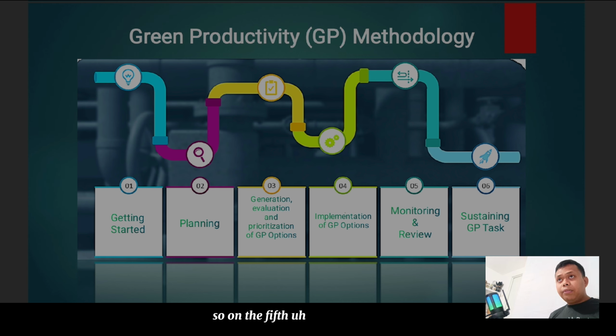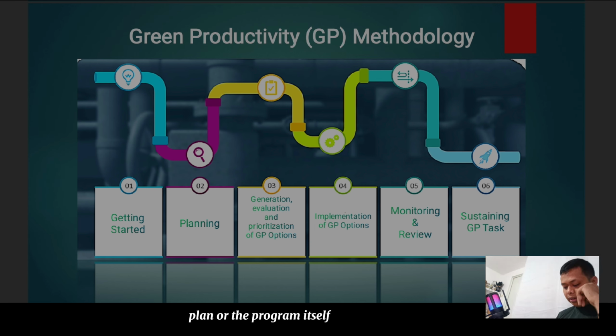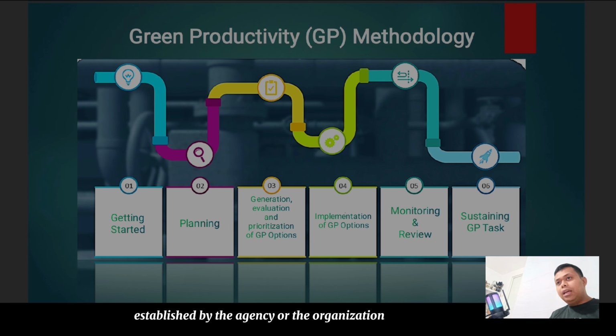On the fifth part of the methodology is the monitoring and review, which mainly focuses on the review of the output or the execution of the plan or the program itself. There could be a monthly, biannual or annual management review established by the agency or the organization.